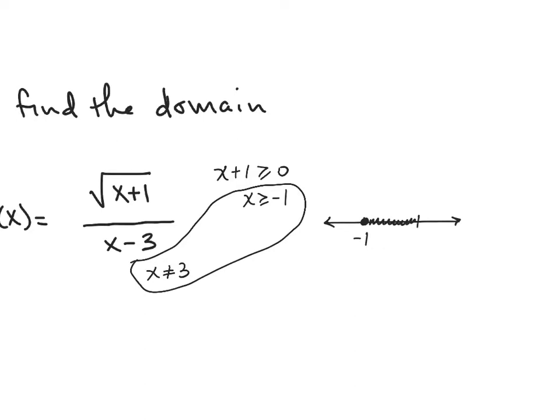But once we get to 3, it can't equal 3, so I'm going to put an open circle at 3 and then continue on to positive infinity. So there are two intervals: one from negative 1 to 3, not including 3, and also an interval from 3 to infinity. And this would be our domain.